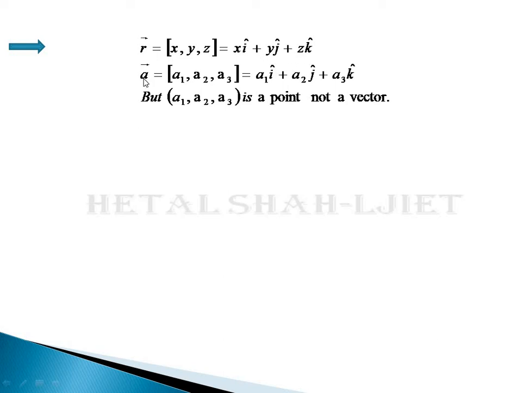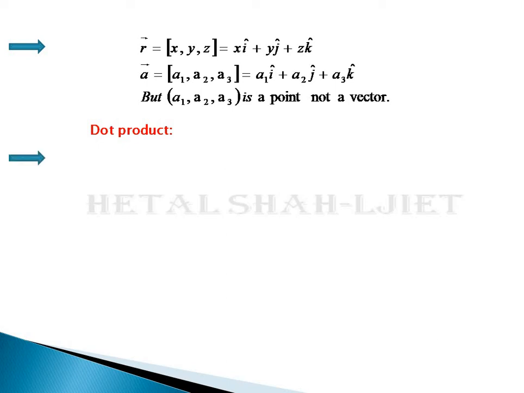Similarly, if you have another vector a with a1 a2 a3, then a1 i cap plus a2 j cap plus a3 k cap. But if in the small bracket we have a1 a2 a3, then it is a point, it is not a vector. Students, I think you already know about it, so let's start with the other definition.